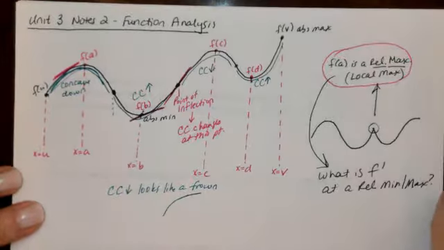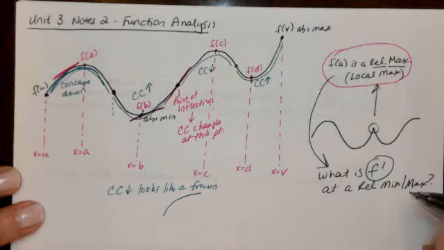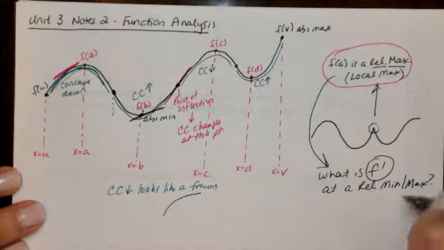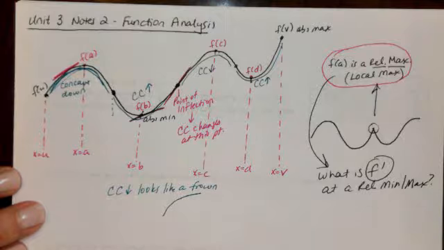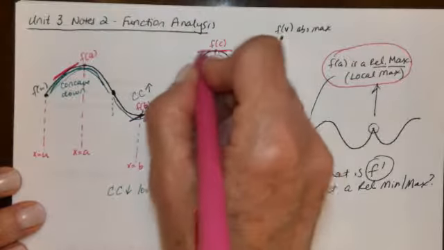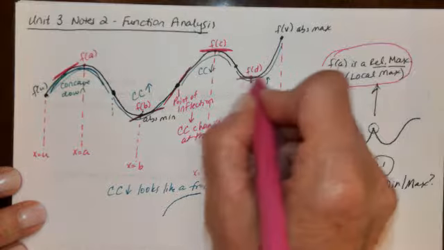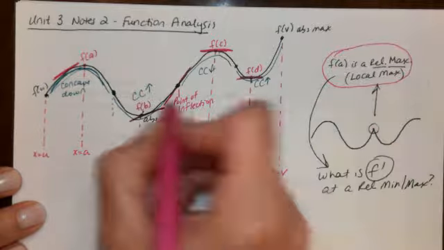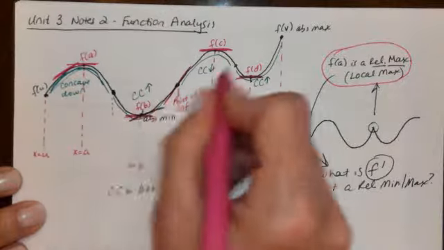What's going on with f prime? Remember, f prime is the slope of the tangent line, right? What is f prime at a relative min or max? Well, if we draw a tangent line at a relative max, what is its slope? What is this one's slope? What is this one's slope? The slopes there, the slopes here are 0.